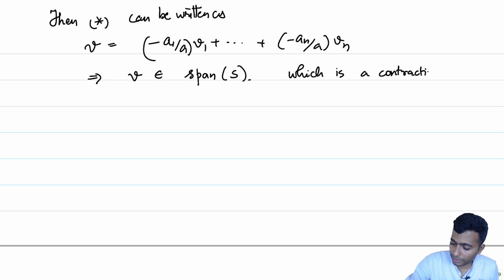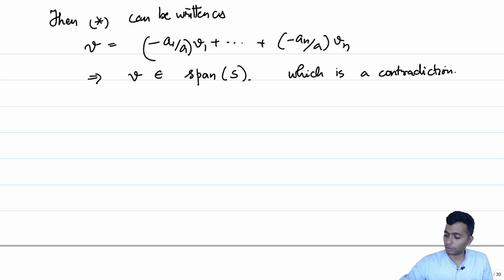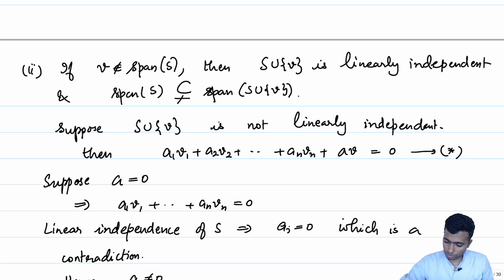Because we had assumed to begin with that v does not belong to span of S. So, something has to be wrong. That means this assumption has to be false, right.